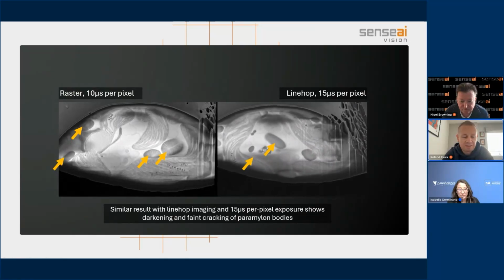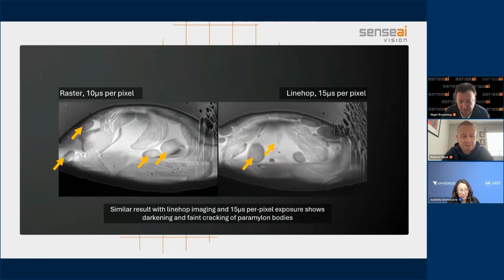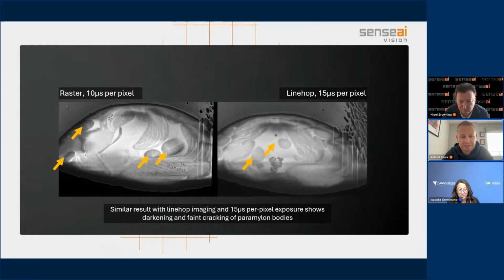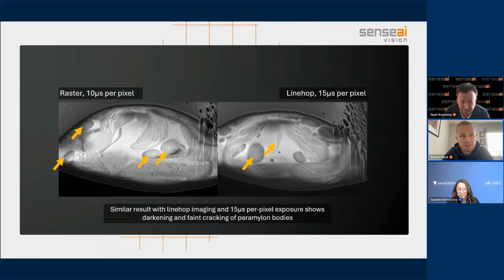So actually the frame integrations, which you saw in the previous slide, that was essentially one slice from a volume where you were looking at either the frame integration or multiple frame integrations acquired using line hop. This is after that process, where essentially you've got your 50 frames reassembled as a single slice, looking at the raster image on the left and the line hop data set on the right.